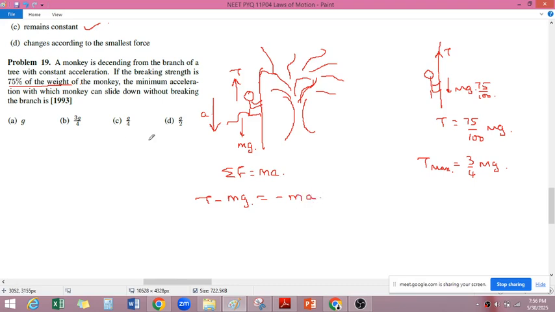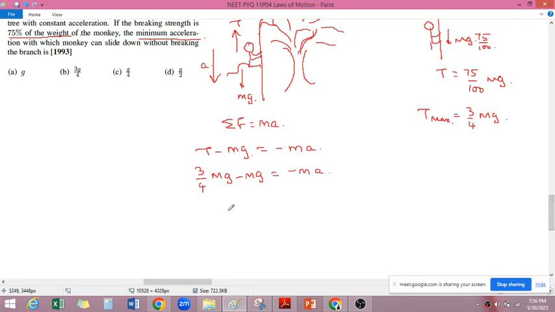So they're asking you to find the minimum acceleration. So that means they're asking you to find the A value. T maximum, the maximum tension you can put on this is 3 by 4 mg. So that means 3 by 4 mg minus mg is equal to minus ma.